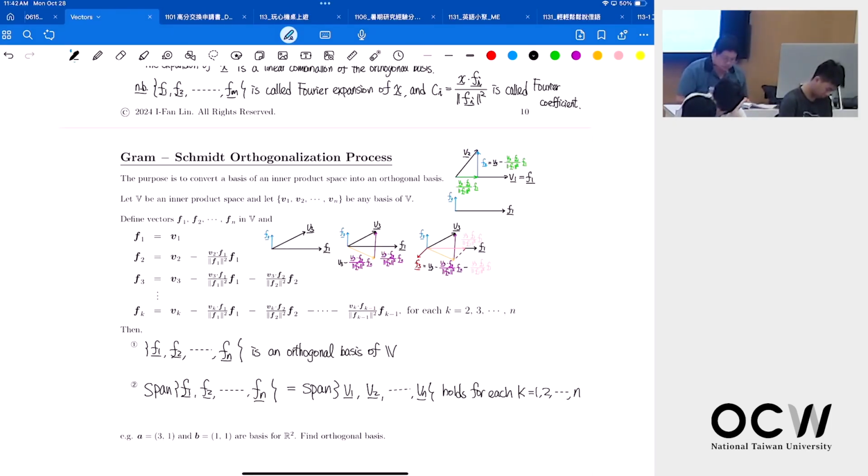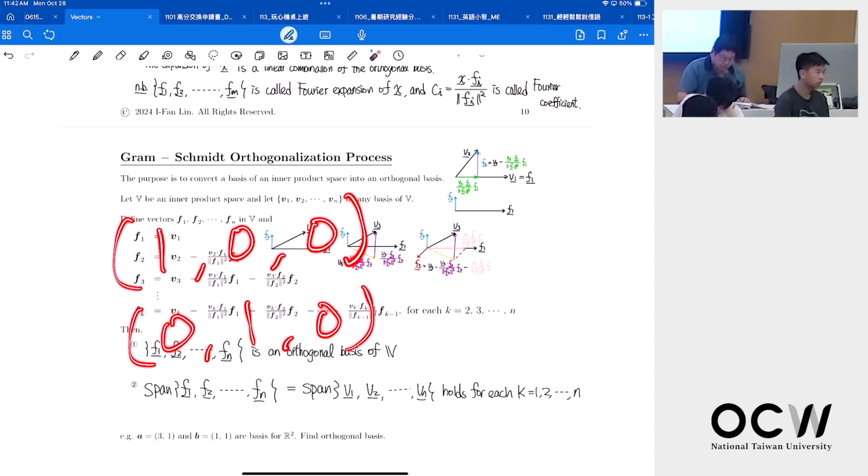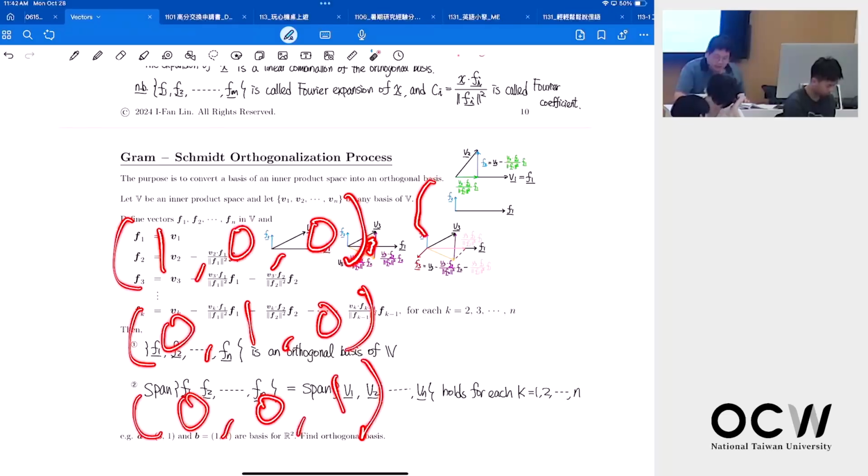Okay, just think about this: I can express any other vector in this coordinate form. Those are the orthogonal bases. But I can also make another basis that is not orthogonal.